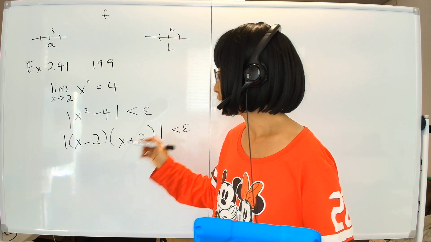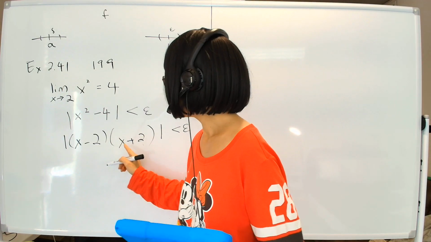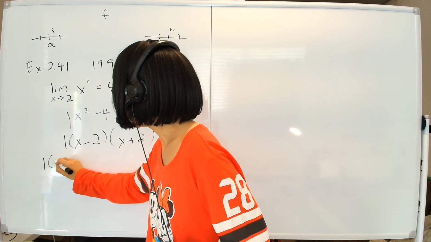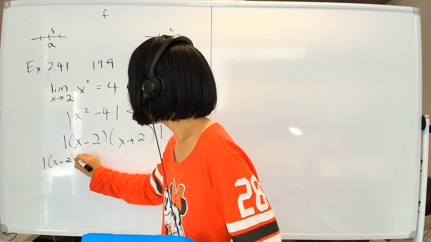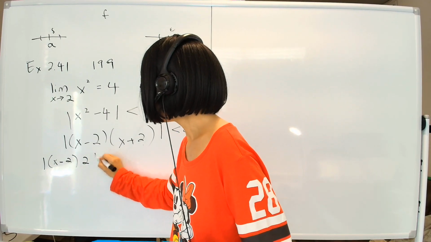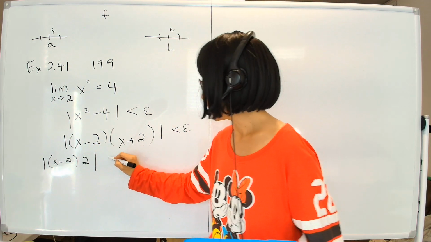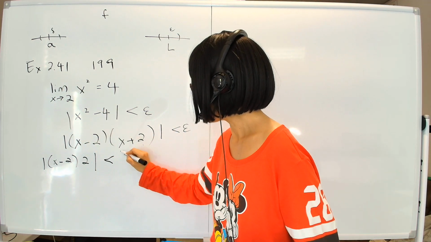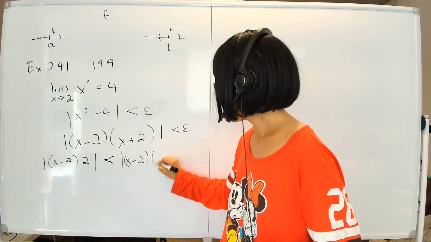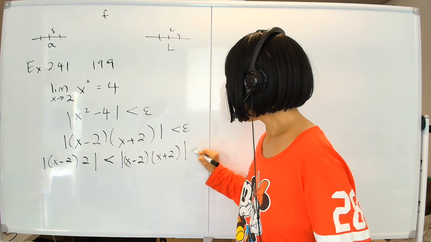So therefore, I can argue that, so I replace this number. It's reasonable to say that x minus 2 times 2, this particular expression, is going to be less than this, x minus 2 times x plus 2, which is less than epsilon.